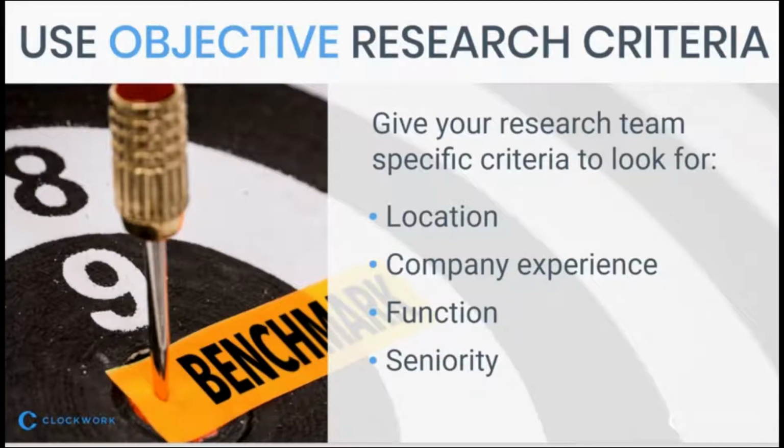The objective criteria I've already referred to are things that are easily identifiable on a candidate's profile, say on LinkedIn or another third-party source. Where does this person live or work? What's their company experience? What function or department are they in, and what seniority do they have?